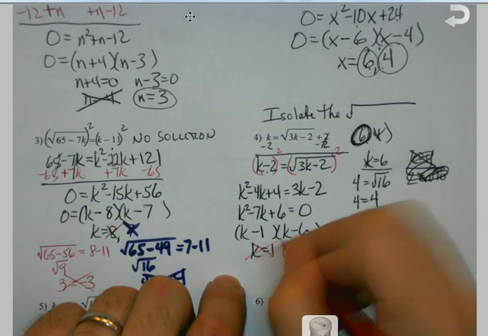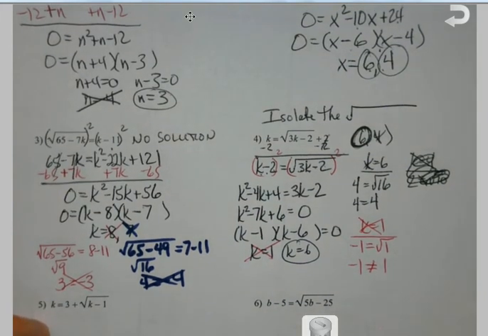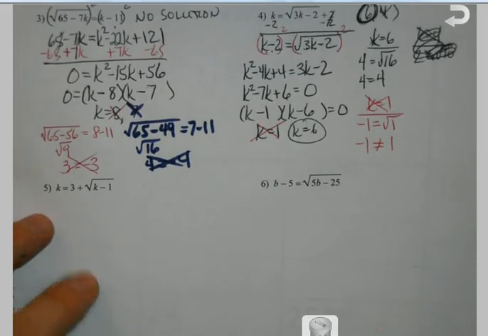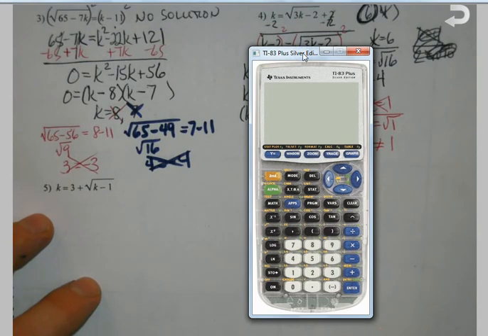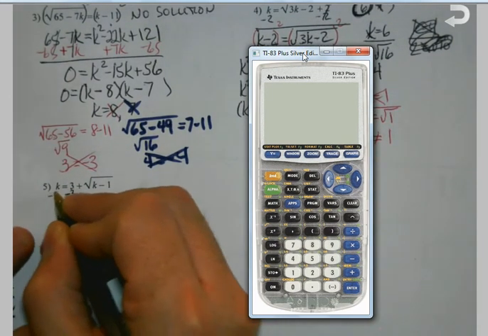That one doesn't work. So you've got lots of options to make sure that you're getting these right. And that's the part that I'm going to keep stressing with all of these. Whenever you're doing them, and again, make sure that your radical is isolated.